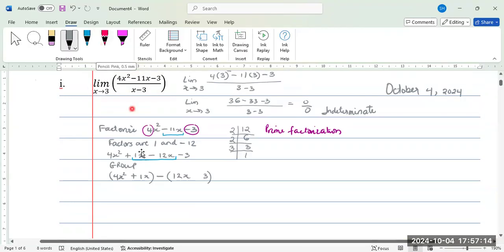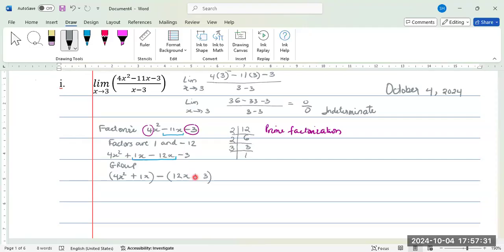Now, when this sign is a negative sign, the sign inside the bracket will have to be flipped because I'm factoring out a negative sign. So the sign that goes here is going to be a positive sign.